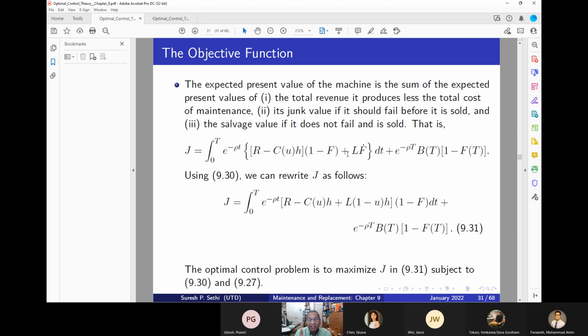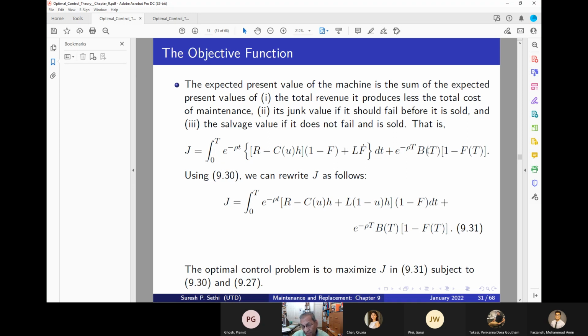It may fail at t, or another t, or another t, we don't know when. There's a potential that it can fail anywhere from 0 to capital T. And that potential has to be integrated because the machine can only fail at one time, but its rate of failure is different at each time, and I can integrate that.